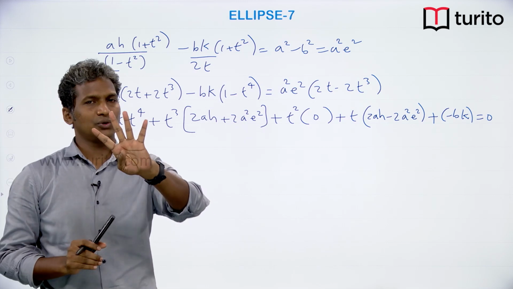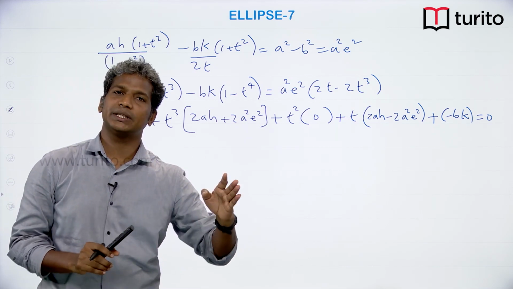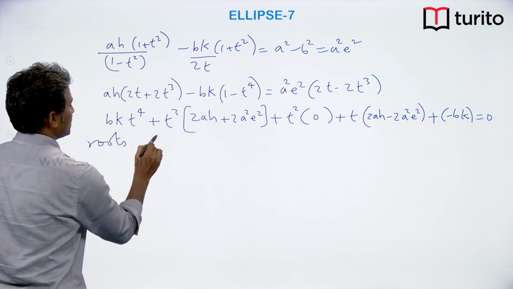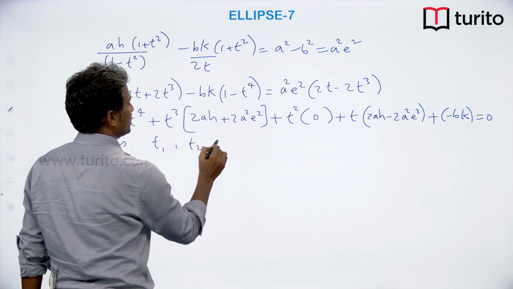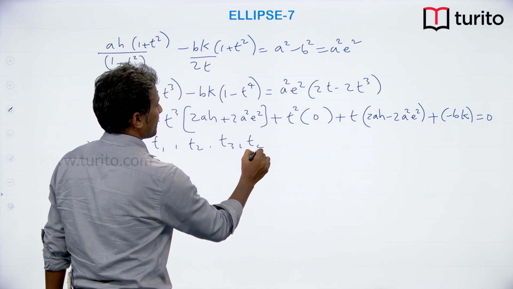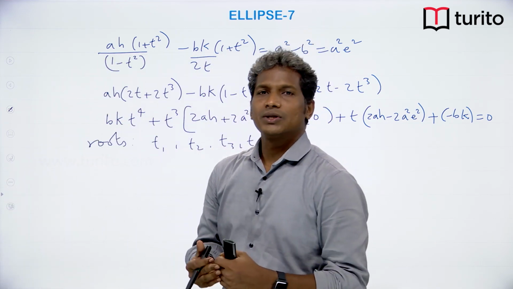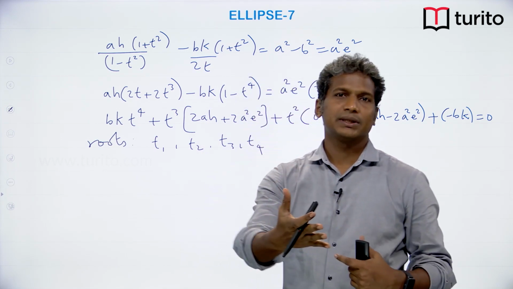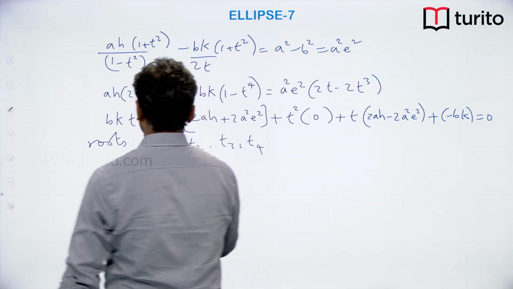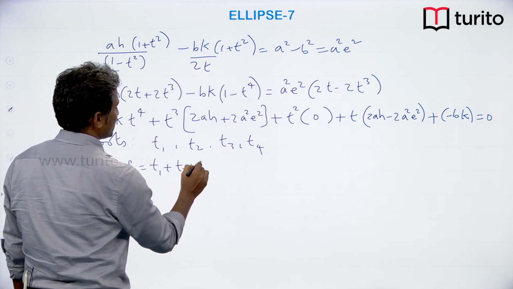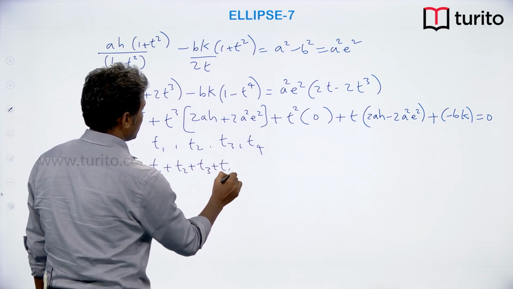So, it will have 4 roots, which are t1, t2, t3, t4. If the roots are t1, t2, t3, t4, we can apply properties of roots here. So, what would be the sum of all roots? We name it S1. So, S1 is going to be t1 plus t2 plus t3 plus t4.